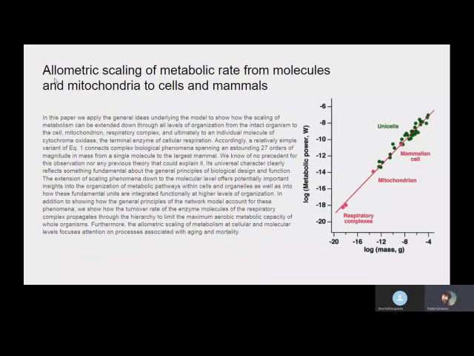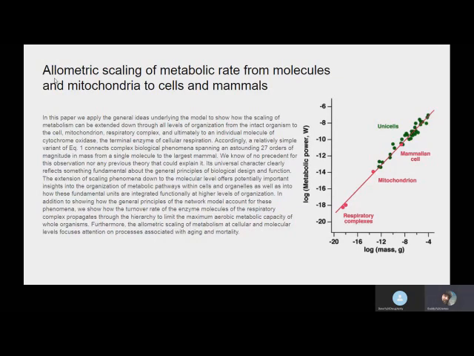Accordingly, a relatively simple variant connects complex biological systems spanning an astounding 27 orders of magnitude in mass from a single molecule to the largest mammal. We know of no precedent for this observation, nor any previous theory that could explain it. And it looks like the Doherty set and Birkeland currents and these other ideas here can help explain this.